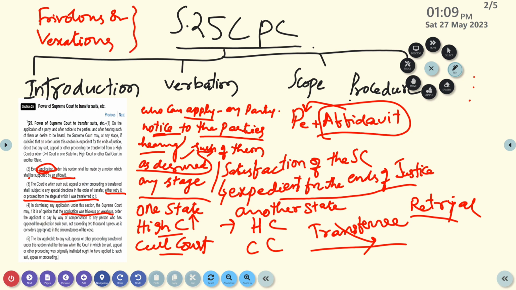Frivolous or vexatious, then compensation can be awarded to any person who has opposed the application. Such sum, how much? Not exceeding 2,000 rupees. So, compensation 2,000.